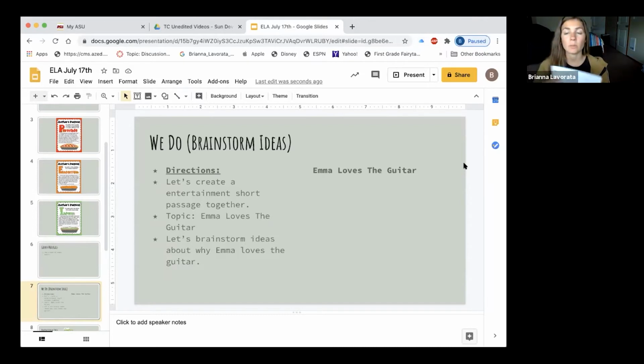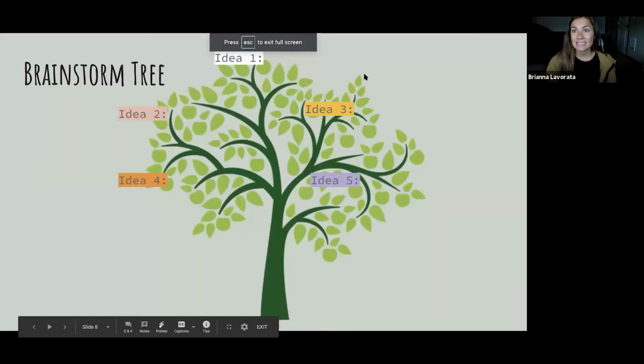The first thing that we want to do before we get started on writing anything is going to be brainstorming, okay? We're going to be brainstorming some ideas that we can use for our story about why Emma loves the guitar. So here's our idea tree.